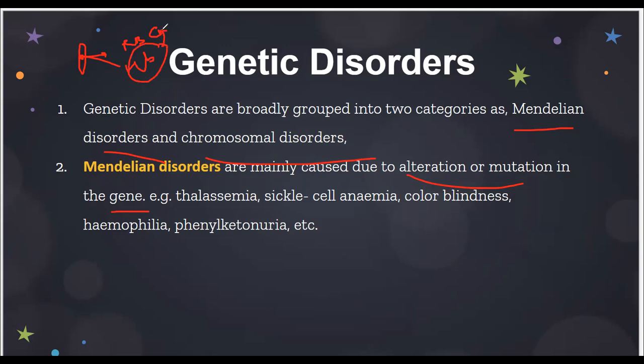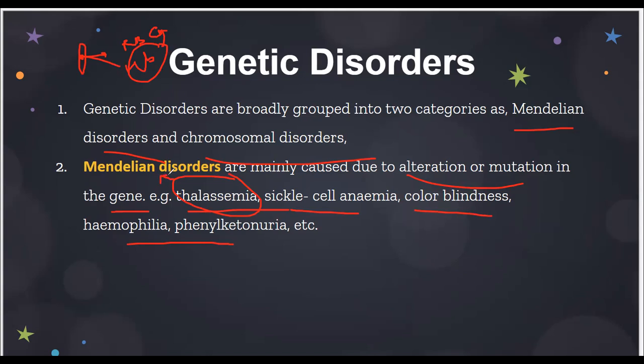We studied hemophilia and sickle cell anemia, thalassemia, color blindness, phenylketonuria. These were the examples. Thalassemia we will be seeing right now. The remaining we have seen in the previous video.